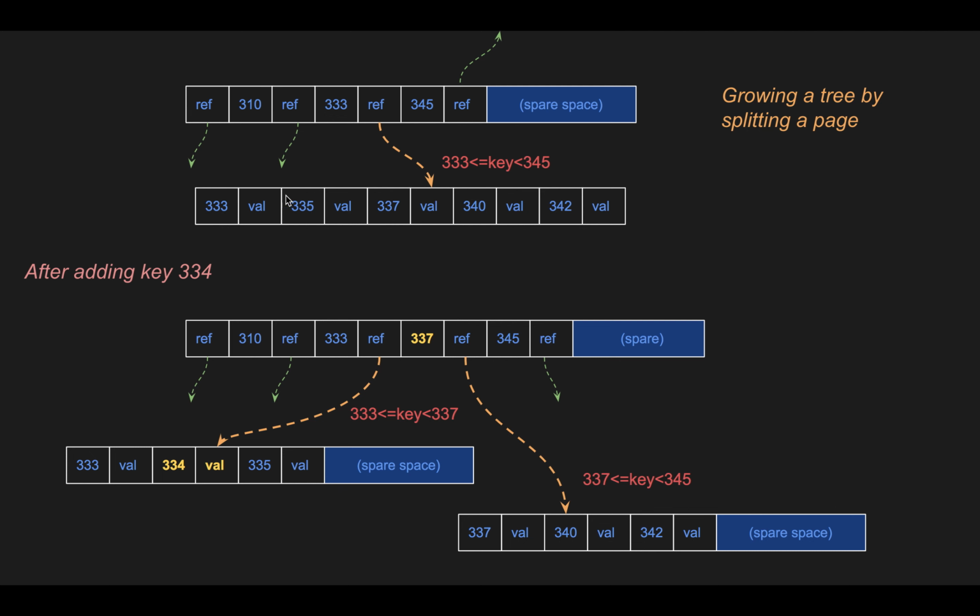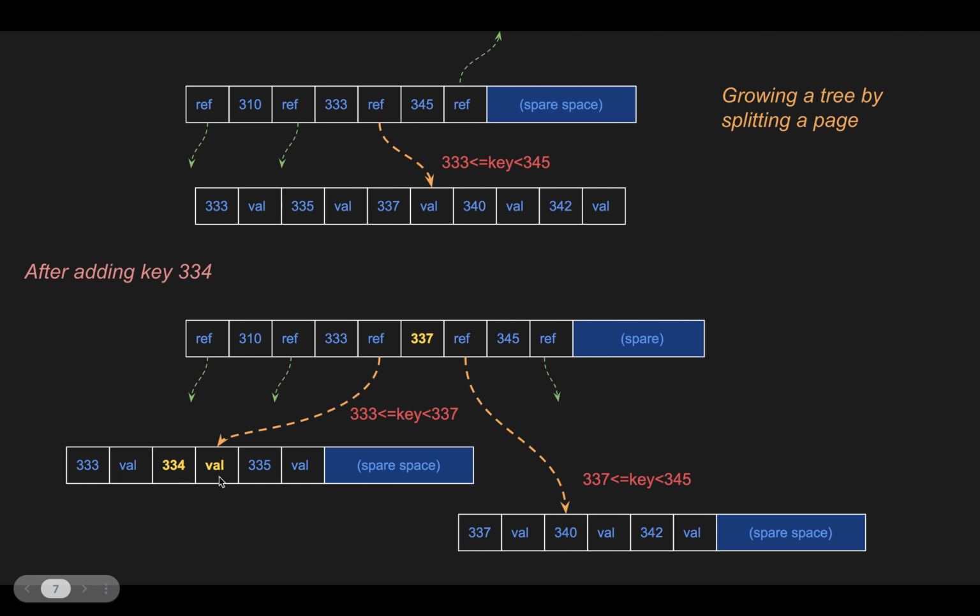Now we come to a leaf page down here. In this leaf page, the key 334 will go in between these two keys 333 and 335. We don't want to make a B tree arbitrarily large, so this page is split to accommodate the new key. In this case it is split into two half full pages.